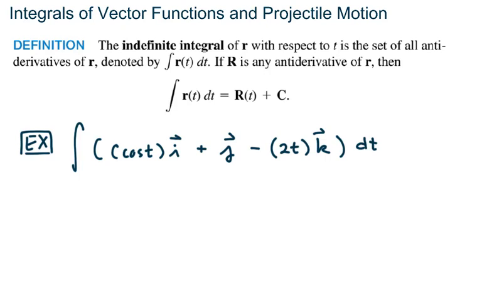We're going to look at integrating a vector here. We have the integrand, cosine of t times i, plus 1 times j, minus 2t times k, integrated with respect to t. Essentially, all we need to do here is integrate each of these component functions.